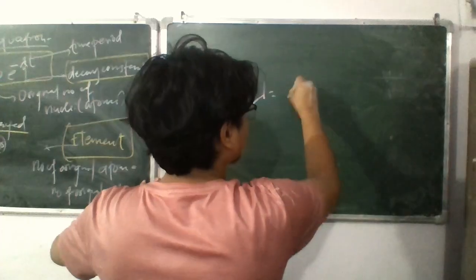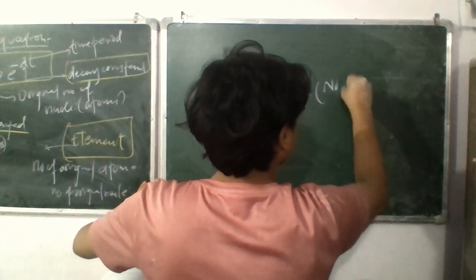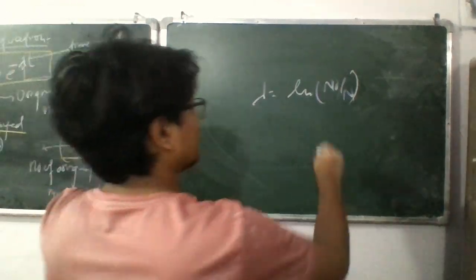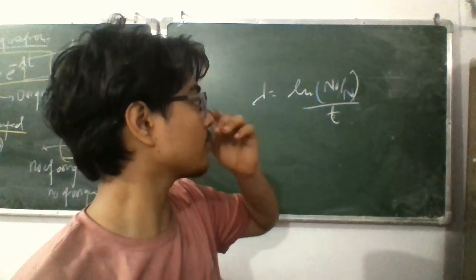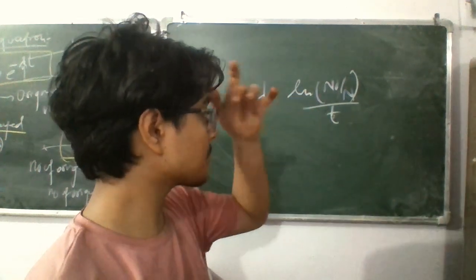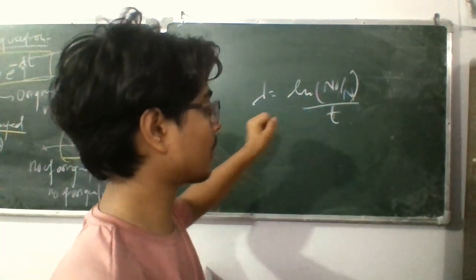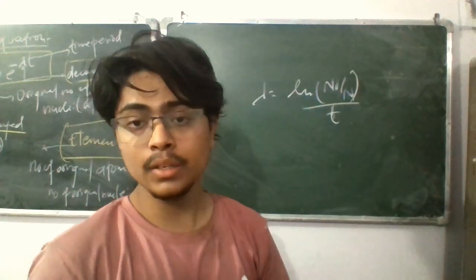Lambda equals ln of N naught by N, divided by t. Now if you see this logarithm, you should not think that this logarithm is a function, and that we have to follow that graph you already mentioned.